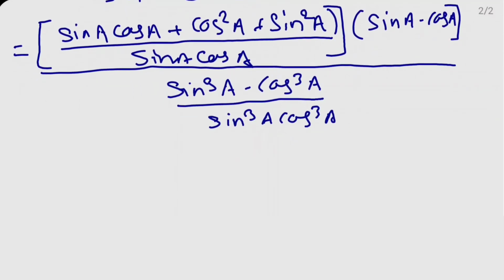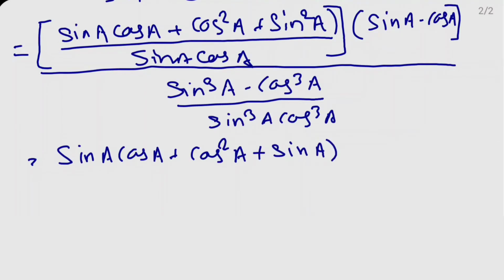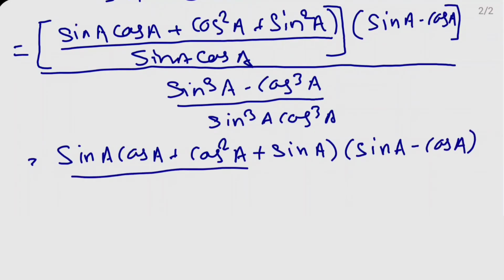And now here sin A into cos A plus cos square A plus sin square A into sin A minus cos A, and this divided by sin A into cos A as it is, and this whole divided by sin cube A minus cos cube A divided by sin cube into cos cube.